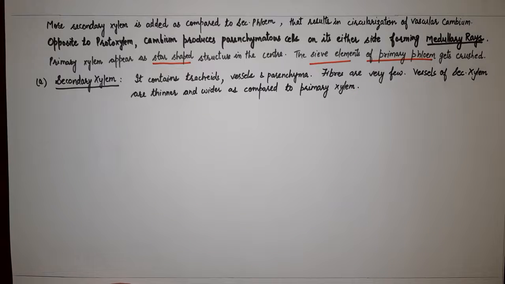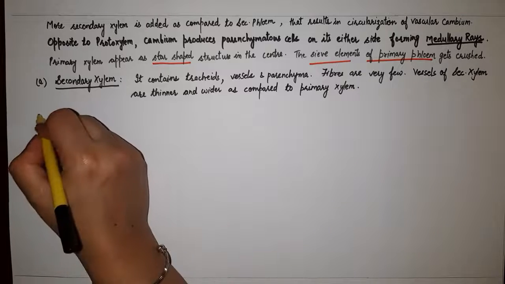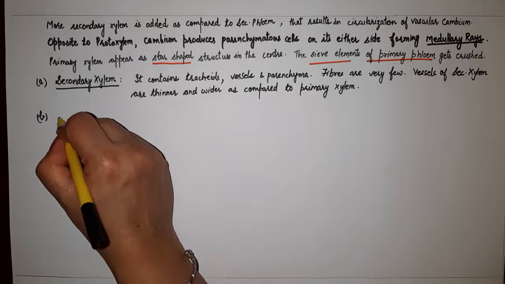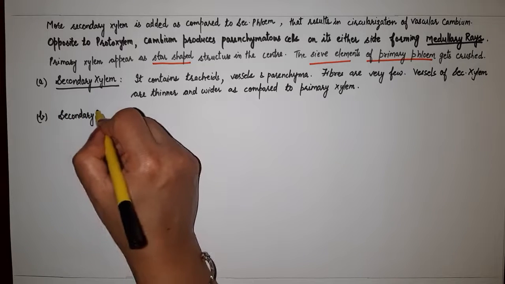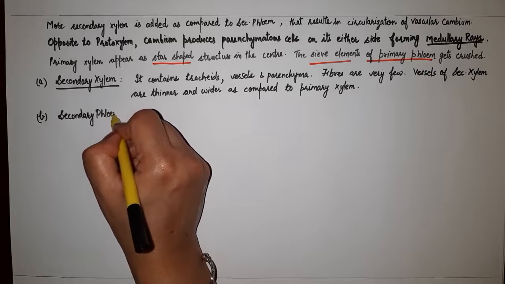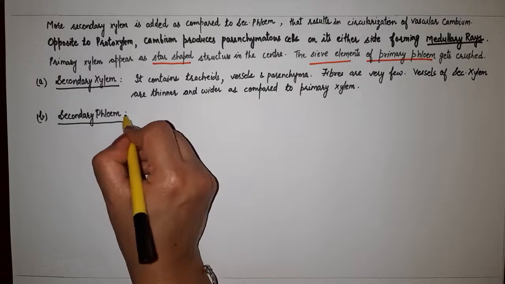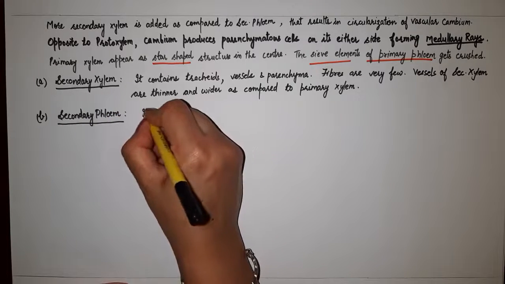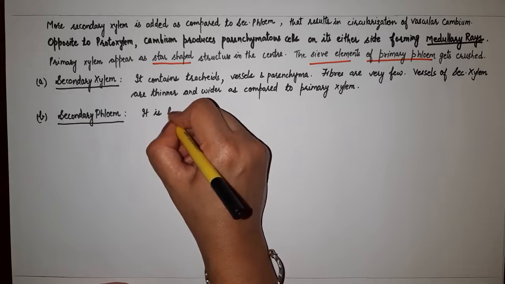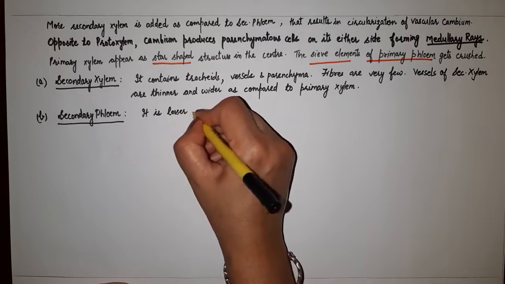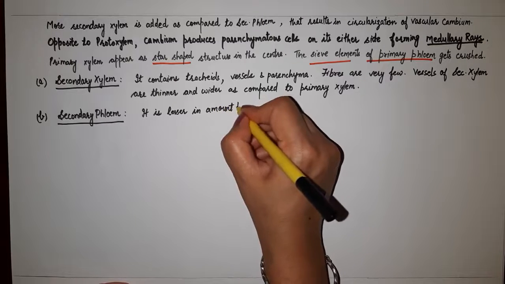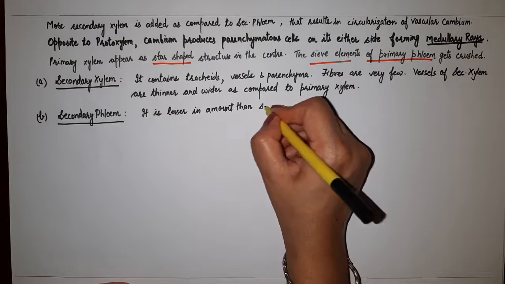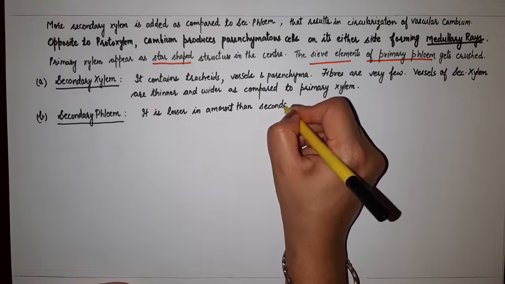The second element that develops is secondary phloem. It is lesser in amount than secondary xylem.